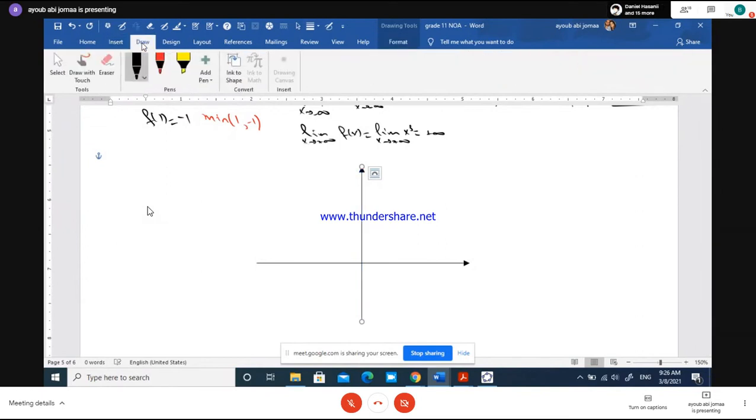Okay, so here is the x-axis, y-axis, the origin O, 1, 2, 3.